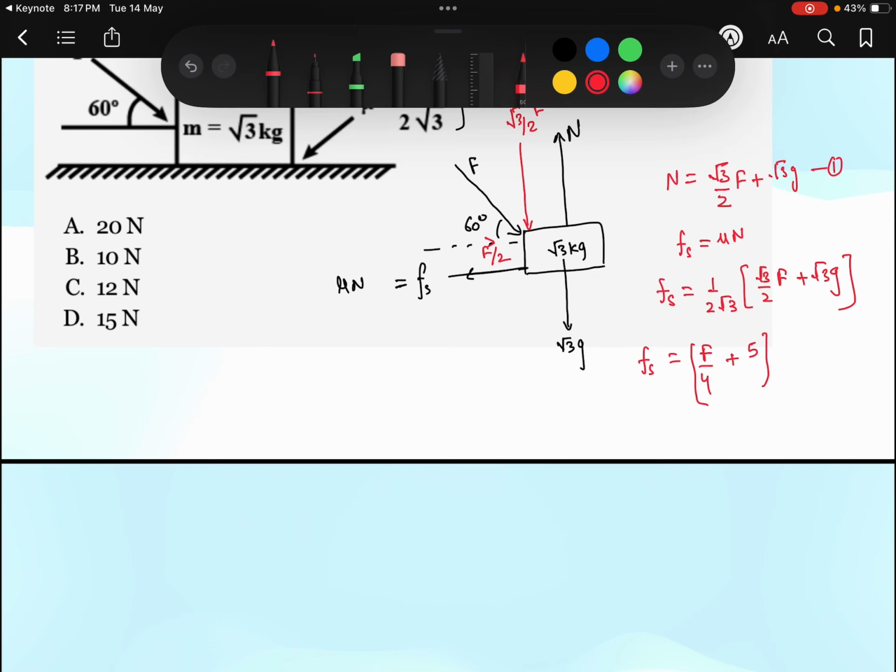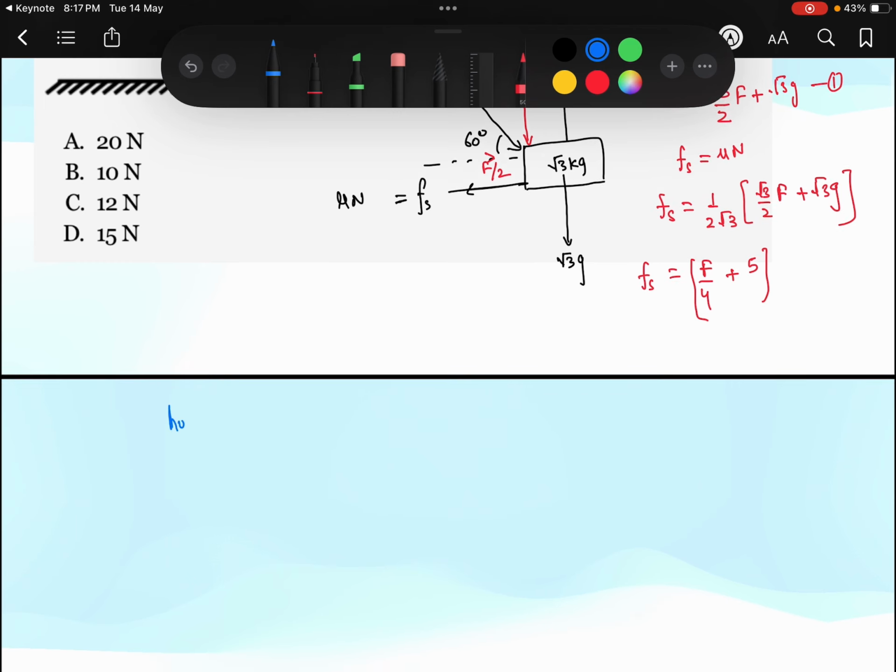Then this F by 2 will be balanced by the static friction, that is equal to F by 4 plus 5.